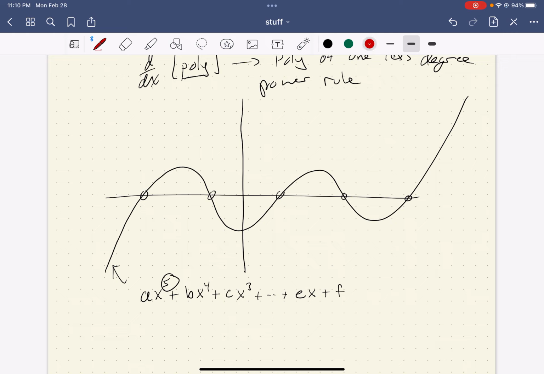So if I was to graph the derivative of this polynomial, so here's f of x, if I was to graph its derivative, f prime, what would that look like? Well, I should first find where the slope is 0. So at that x value it's 0, maybe at that x value it's 0, and at that x value it's 0, and at that x value it's 0. And then, because this black curve is just really smooth, continuous, it's very nice, I'm going to use these to break up the sketch of the derivative.